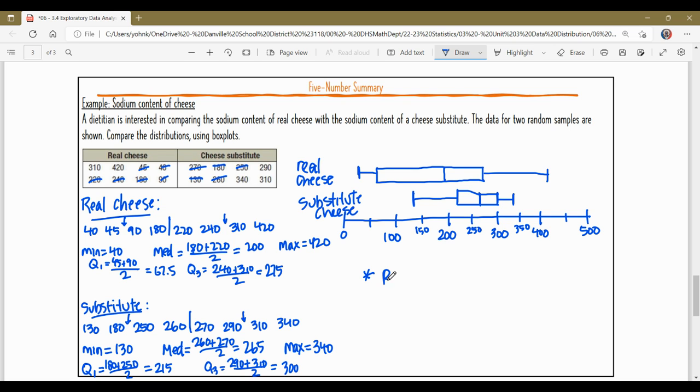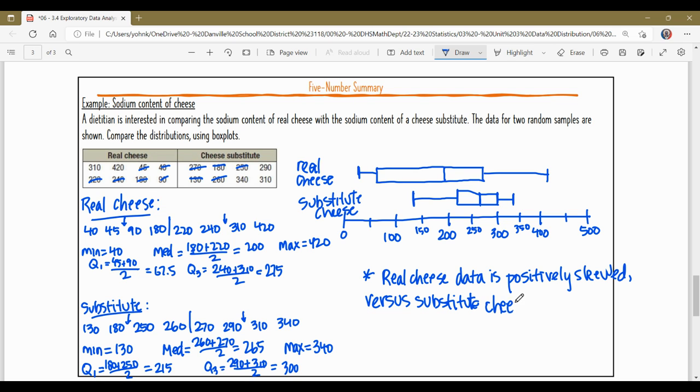So we can say real cheese data is positively skewed, versus substitute cheese is, well, they have a longer left tail, so that's negatively skewed.